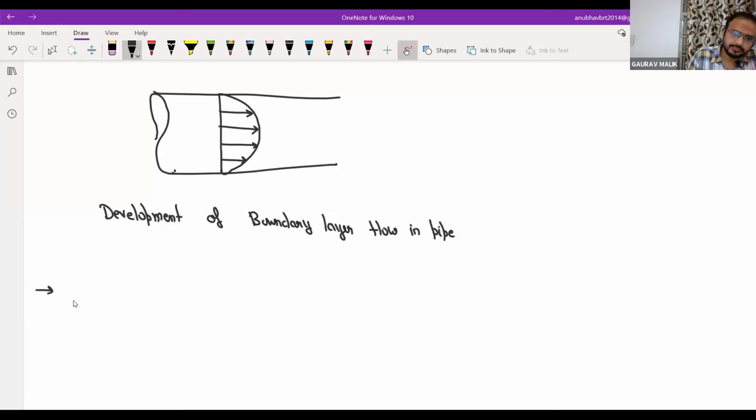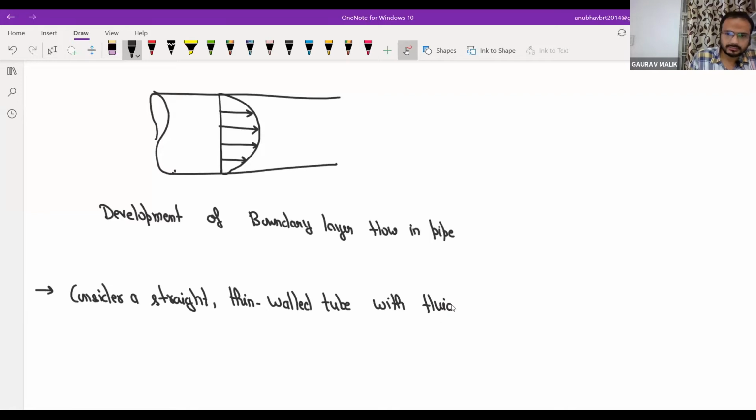Consider a straight thin walled tube with fluid entering it at a uniform velocity.